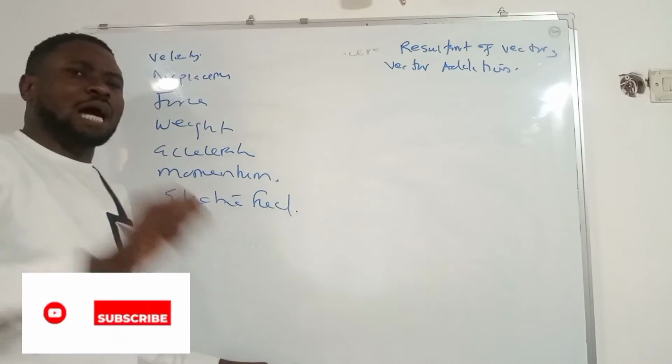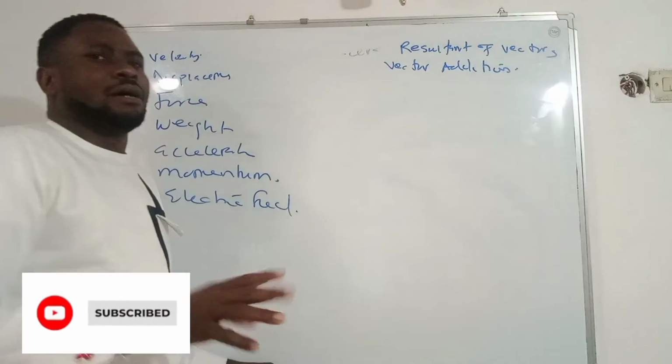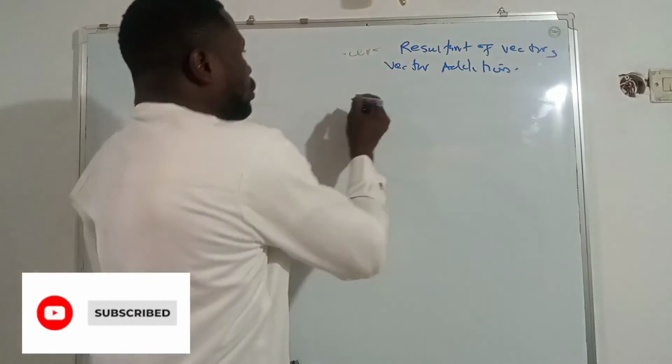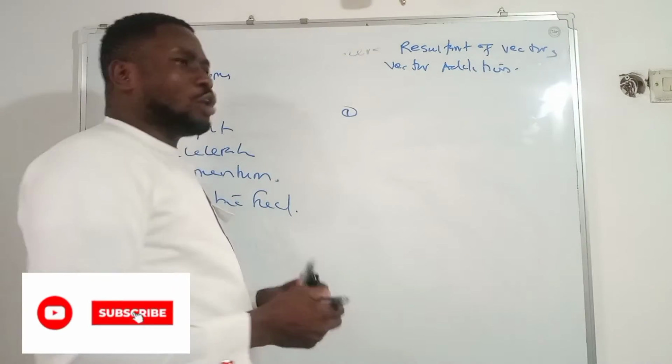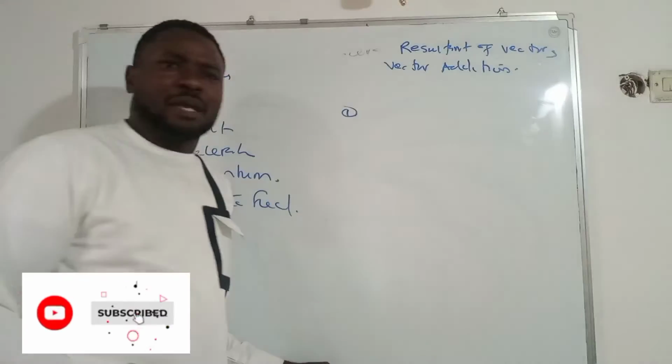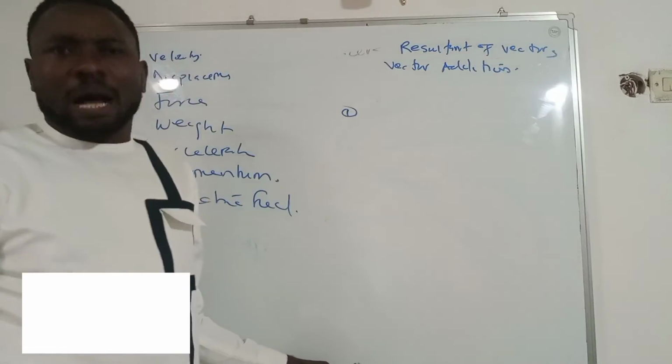I've shown you how to calculate the resultant scalar. Now, how do you calculate the resultant vector? For you to calculate the resultant vector, you need to ask yourself, what type of vectors am I given? What system of vector am I dealing with?